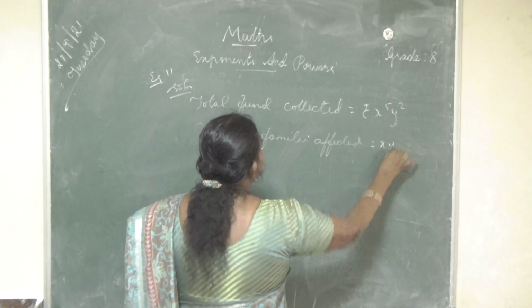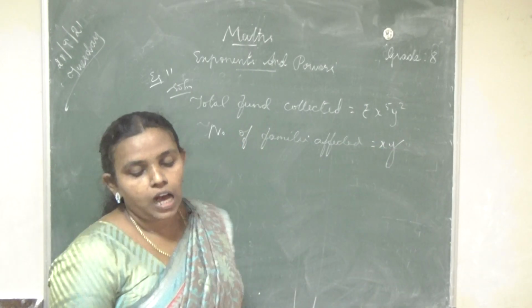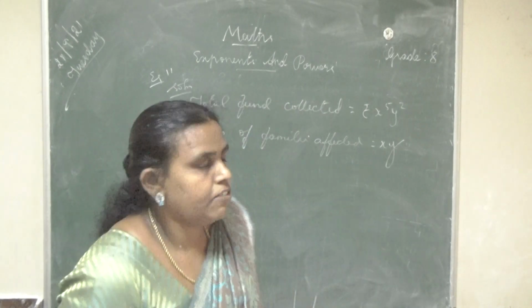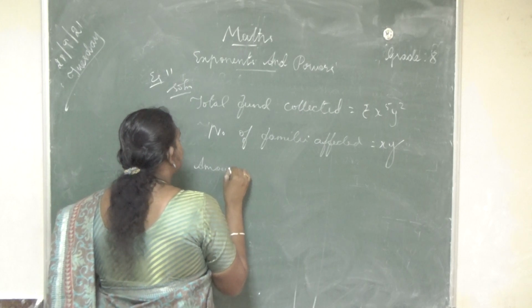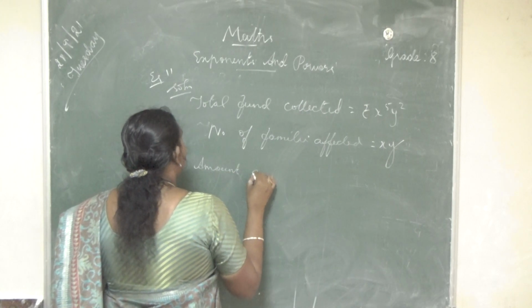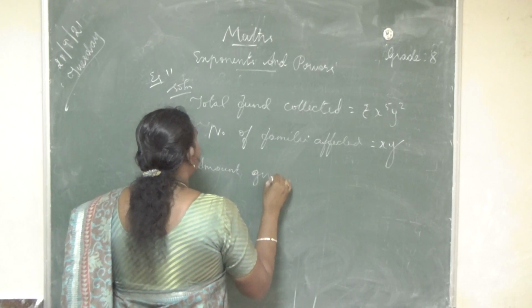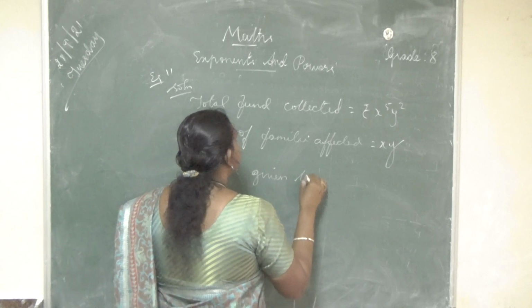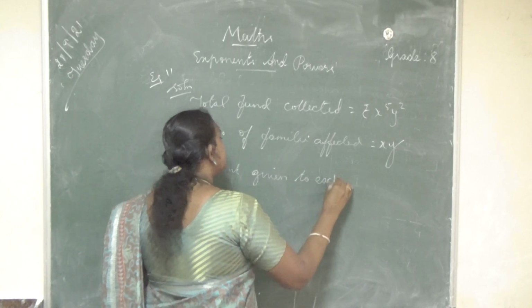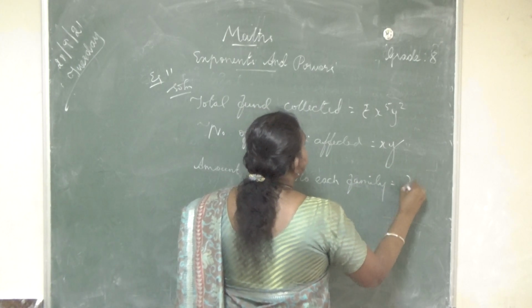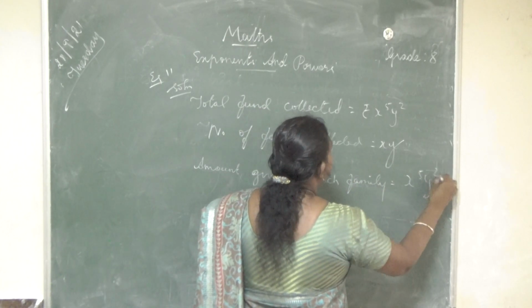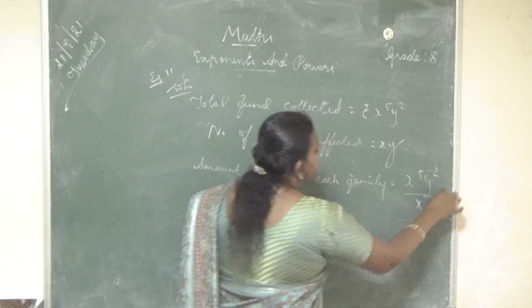X Y families are affected. So, amount received for each family, the amount given to each family. What is this? X power 5 y square by xy. This much you all know.